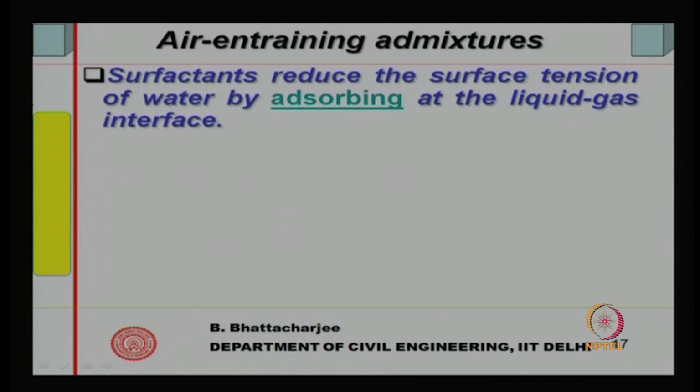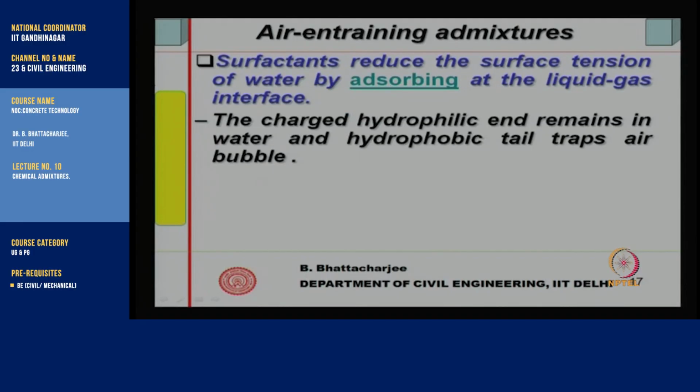Essentially, they reduce the surface tension of water by adsorbing at the liquid gas interface. So, they get adsorbed at the liquid gas interface, that is the water air interface, and change the surface tension properties of the water. In fact, the charged hydrophilic head remains in water and the hydrophobic tail traps the air bubble.